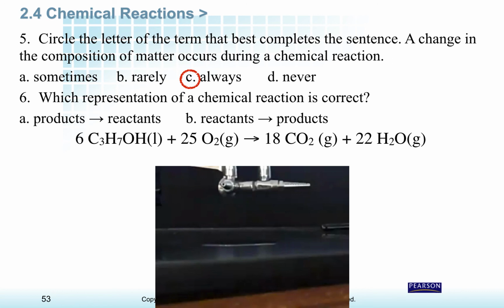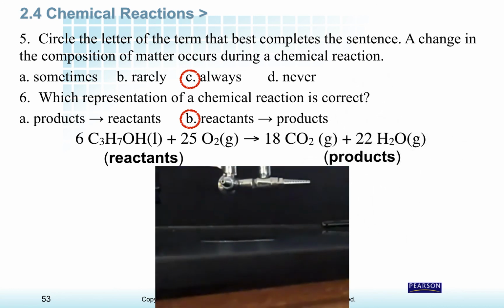In a chemical reaction, you always write the reactants on the left, the arrow pointing to the right, and the product second. For example, I have 6C3H7OH, that is ethanol. I have O2, that is oxygen in the air. And then I have the arrow and CO2 and H2O. So the reactants are the ethanol and the oxygen.